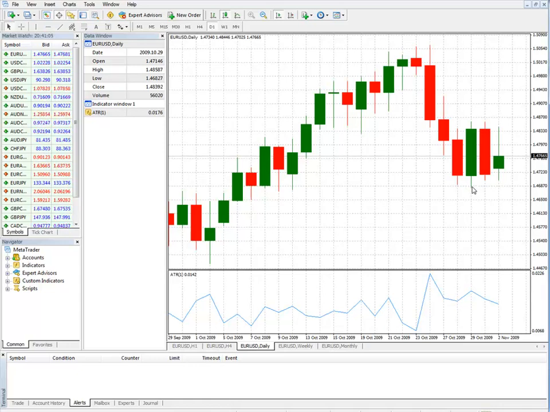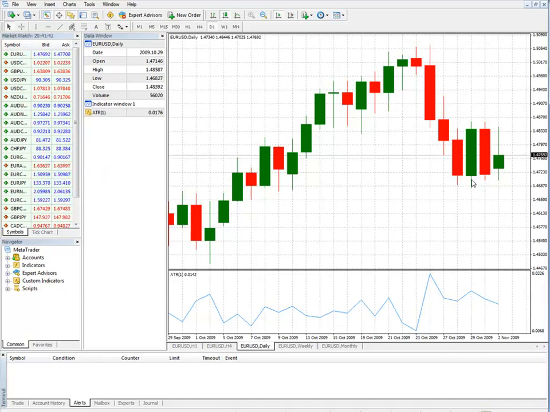Okay, so let's take a look. That's 176 pips, and that is near our risk parameters. 176 pips, and what we'll do is we'll buy on a breakout of this bar plus 3 pips, and we'll sell on a breakout of that low minus 3 pips.